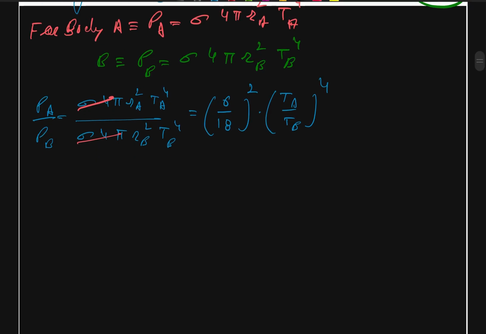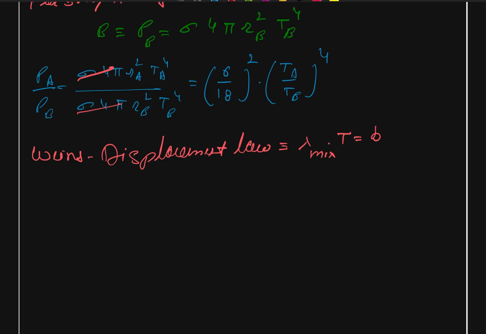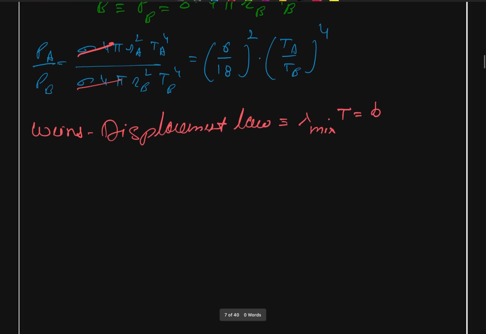So for this we are going to use Wien's displacement law, which gives us that the maximum value of wavelength multiplied by the temperature is equal to a constant, which is represented as b. Sometimes it is also called Wien's constant, or Wien's displacement constant.